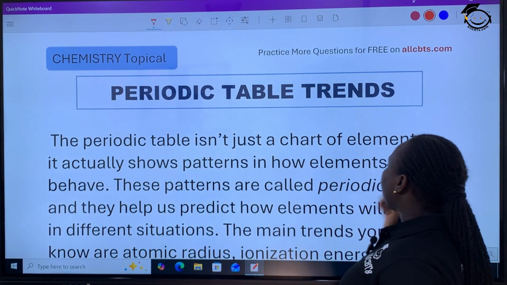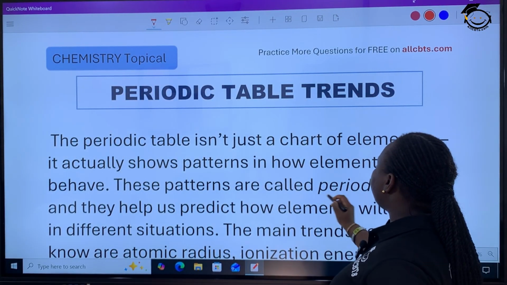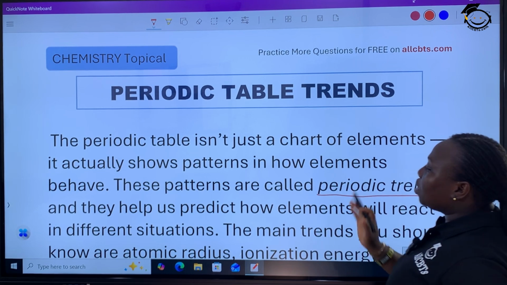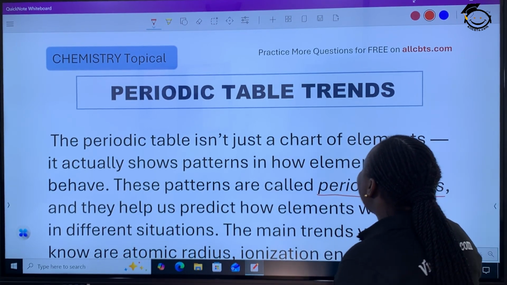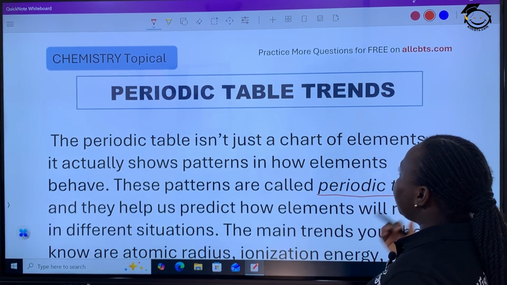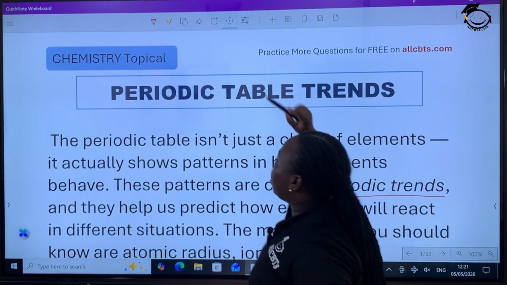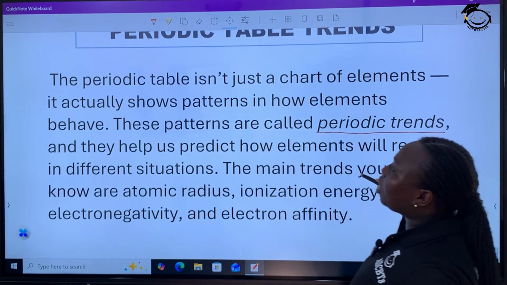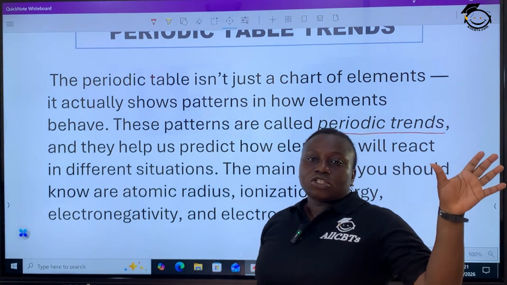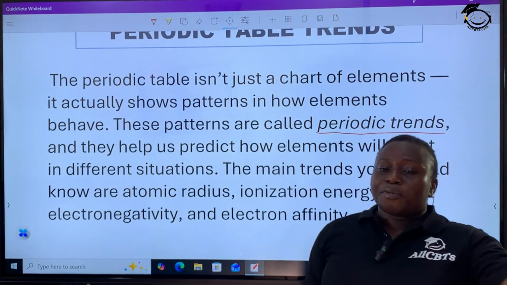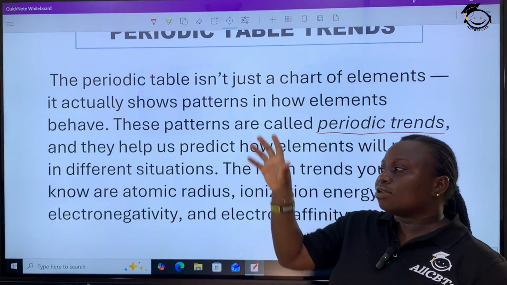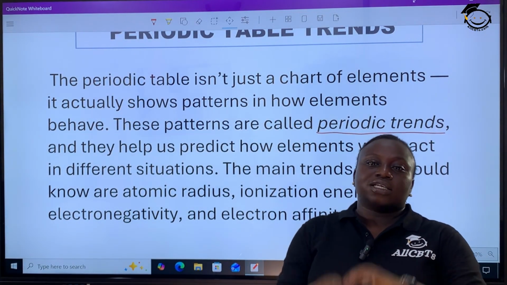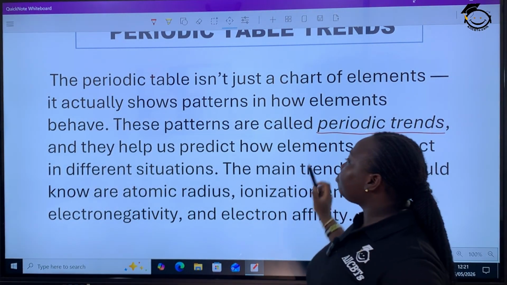These patterns are called the periodic trends, and they help us to predict how elements will react. Because from the periodic table, you can see that these ones are the metals, and this is how metals are going to react. These ones are the non-metals. These ones are the metalloids.